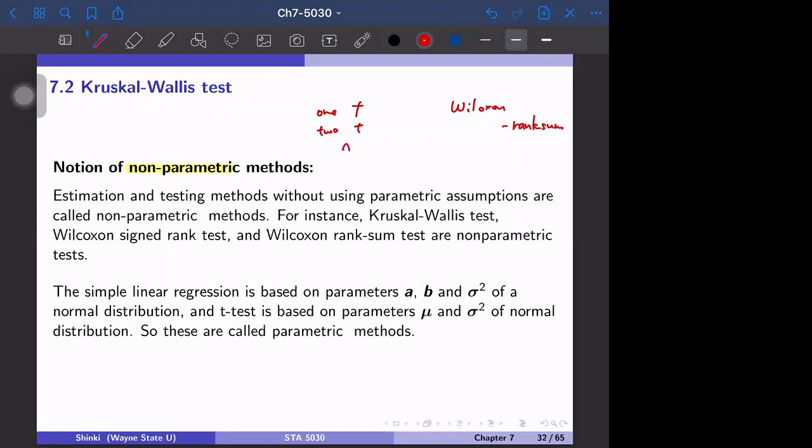And ANOVA corresponds to the Kruskal-Wallis test. These two groups are different. We call the first group parametric methods and the second group non-parametric methods.